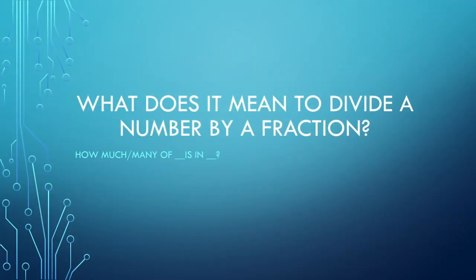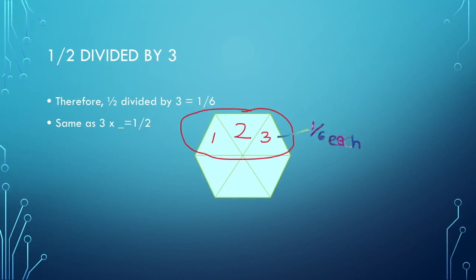Okay, so like she said, when dividing a number by a fraction, it's asking you how much or many of blank is in blank. We're going to start off with a fraction divided by a whole number, 1/2 divided by 3.